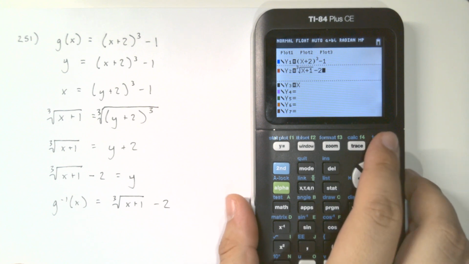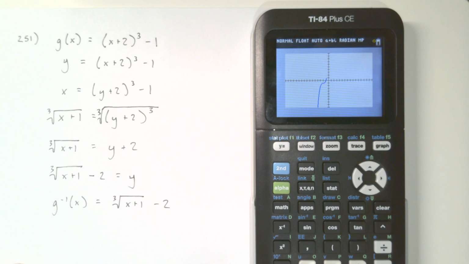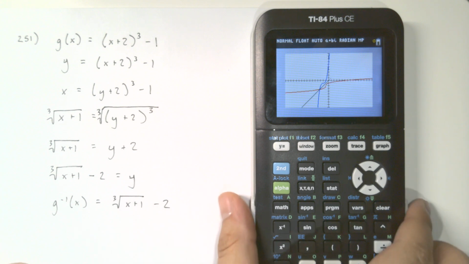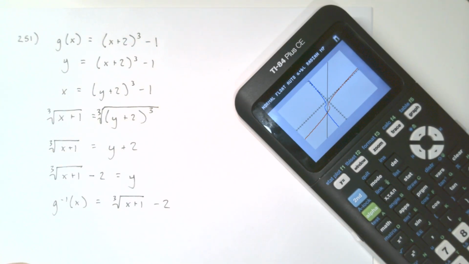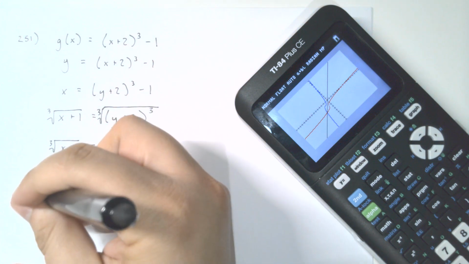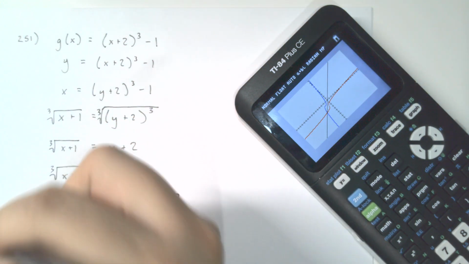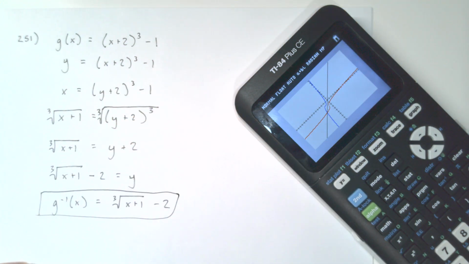And let's see what we get. We graph. There's one function. There's the other. And we have a mirror image. So we know that this is our function.